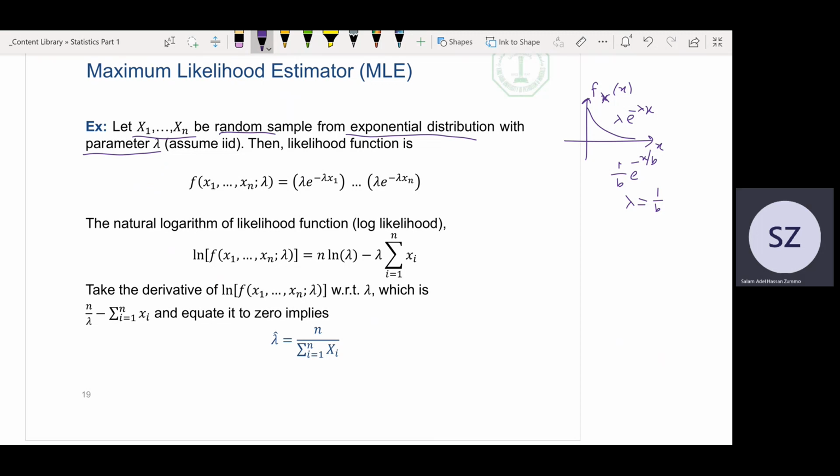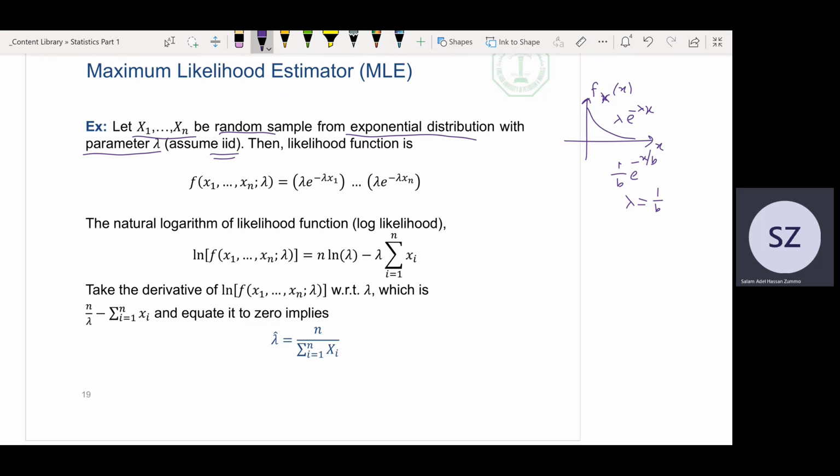What is the likelihood function? It's the PDF of x1 and x2 and x3. It's the joint PDF. What is the joint PDF of x1 and x2? They are IID. What does it mean? It means that the joint PDF equals what? They are independent. How to write the joint PDF of x1 and x2 and so on?